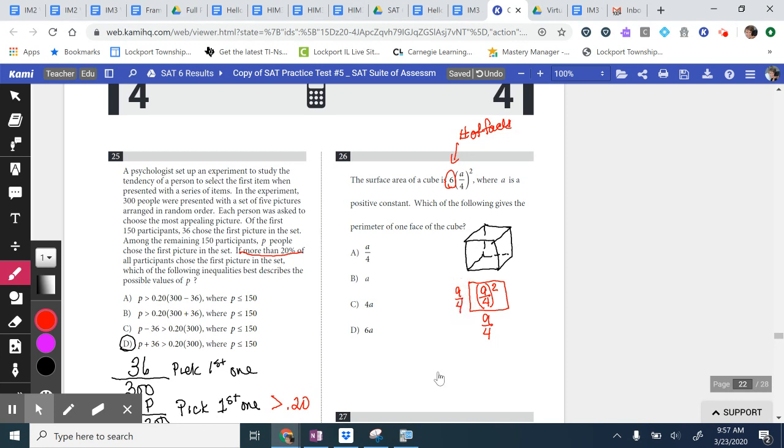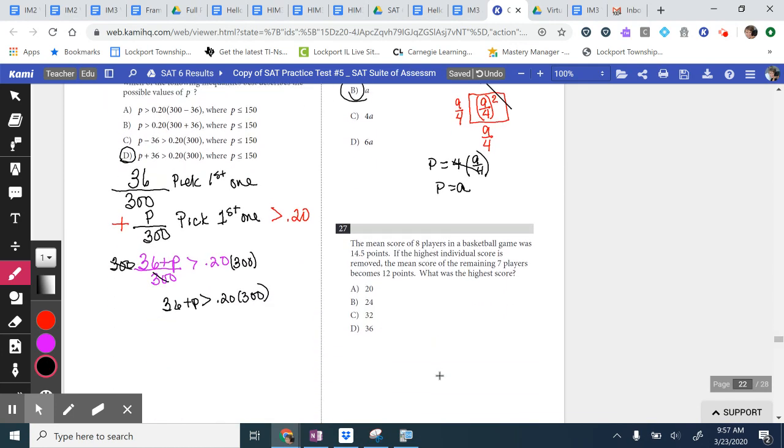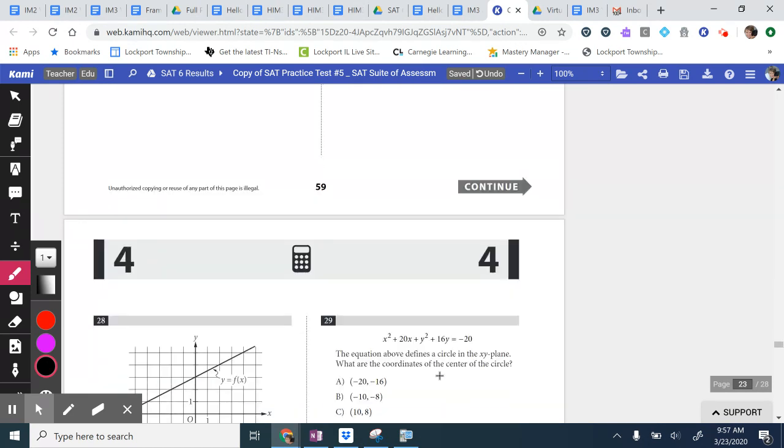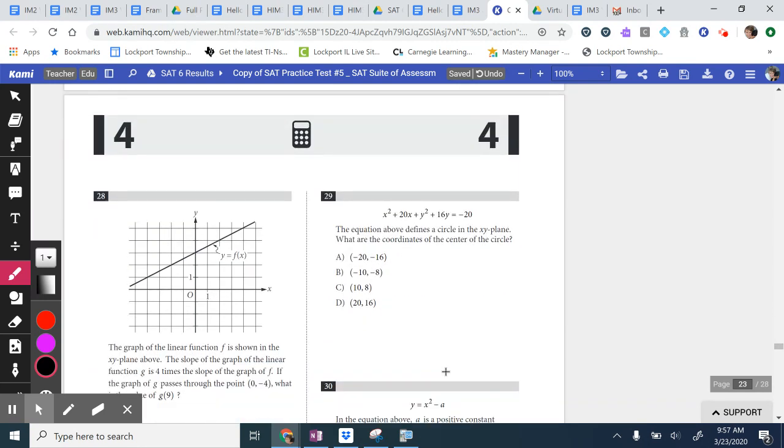And now that I'm talking about perimeter, I need 4 of these A divided by 4s: 1, 2, 3, 4. And that is just equal to A. So my suggestion for this problem is draw yourself a picture. Oftentimes, without you even knowing it, it's going to have your brain start working on some ideas and will lead you to the path to solve.